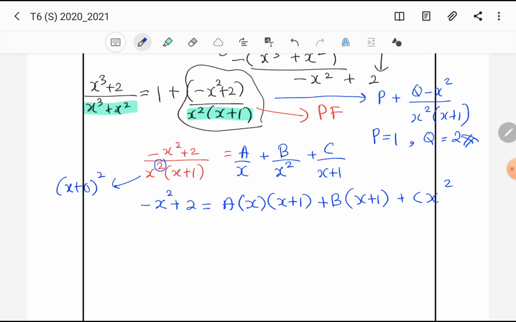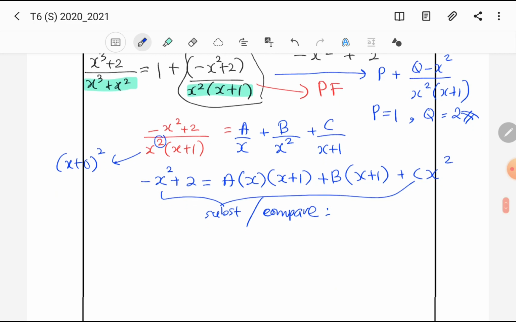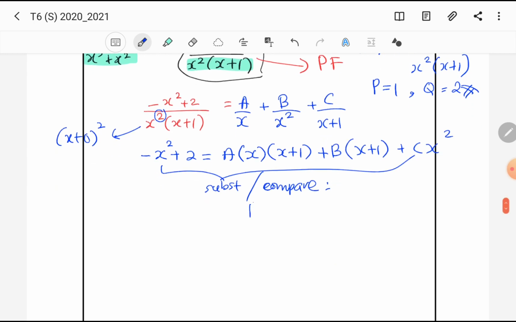Okay, faham ke tak ni? Kalau awak tak pandai, tak cekap lagi nak equate denominator, awak tulislah apa dia? Faktor dia tu dekat sebelah tepi, lepas tu darab satu-satu, potong. Okay. So for this case, awak boleh pilih sama ada nak substitute ataupun nak compare. Okay, awak proceed lah buat yang ni.